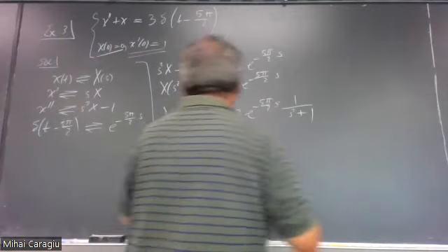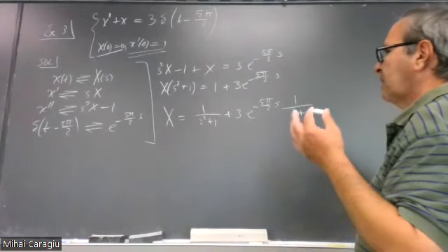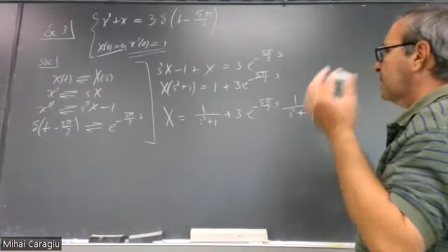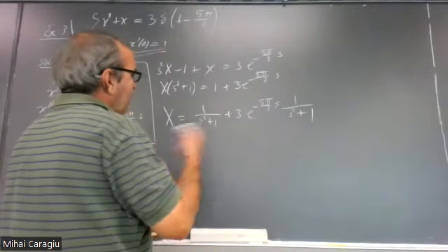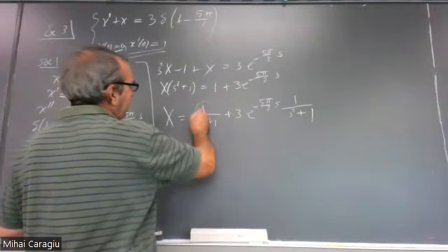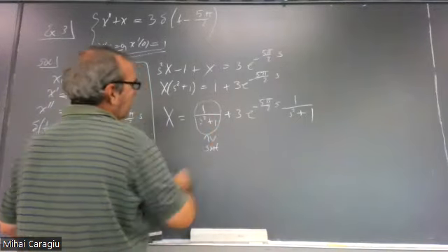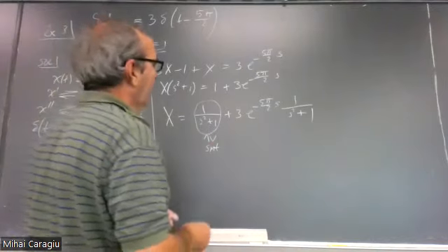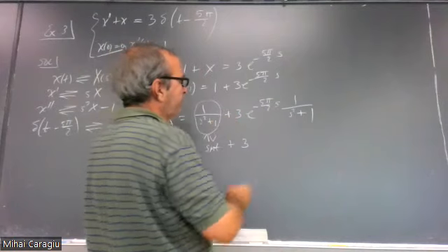So we have to decrypt it. So convert to t space. Converting to t space amounts to an inverse Laplace transform. So Laplace transform goes from t space to s space, inverse transform goes from s space to t space. So this one transforms back into sine t, plus, put 3 because of the linearity, I have to put a 3 here.